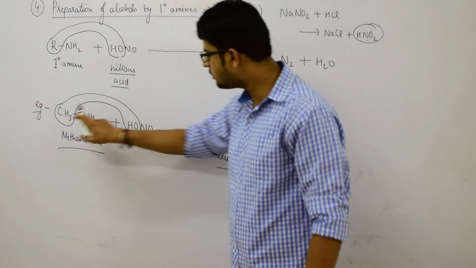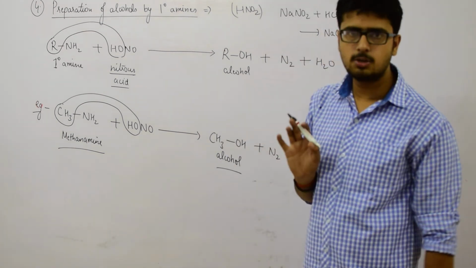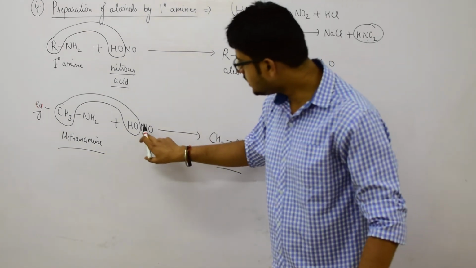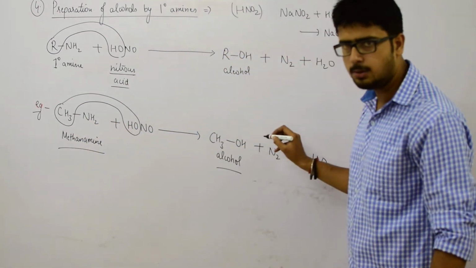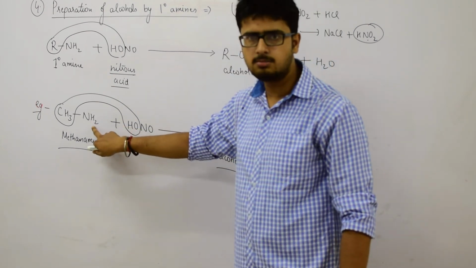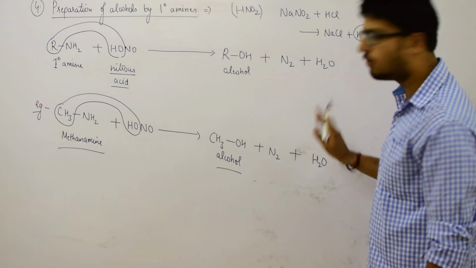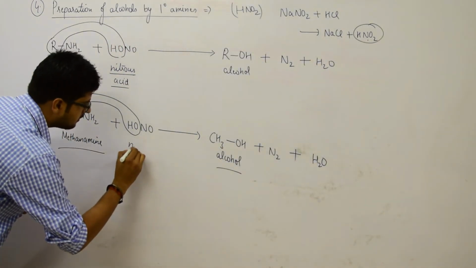This CH3 group combines with OH group to form alcohol, CH3OH, methanol. The two nitrogen atoms link in the form of nitrogen molecule, and this oxygen atom and these two hydrogen atoms combine in the form of water molecule. This is our nitrous acid again.